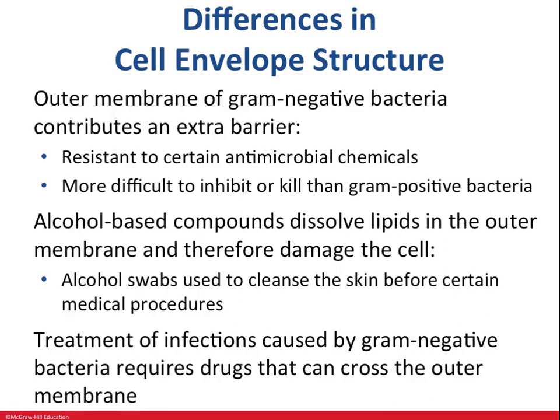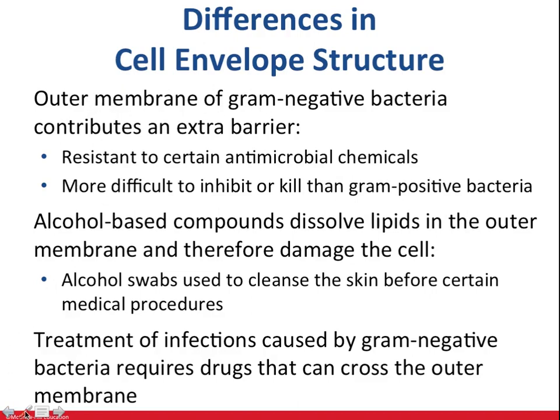Differences in the cell envelope. The outer membrane of gram-negative bacteria contributes an extra barrier, so it can protect the bacteria and make them resistant to certain antimicrobial chemicals.